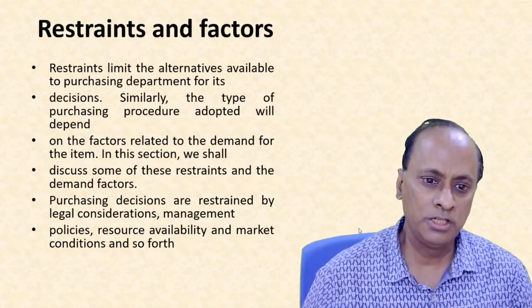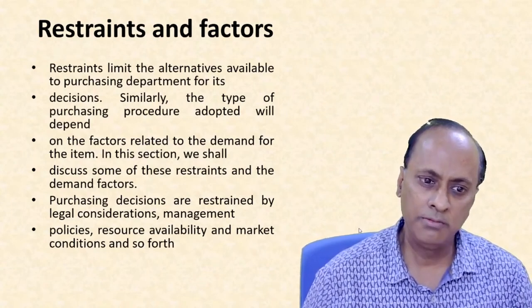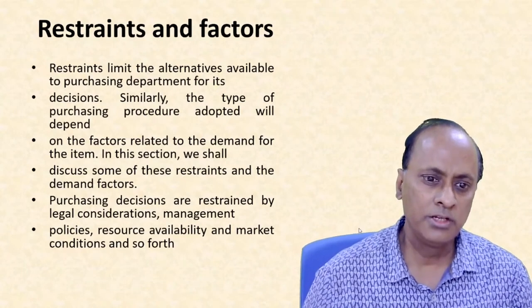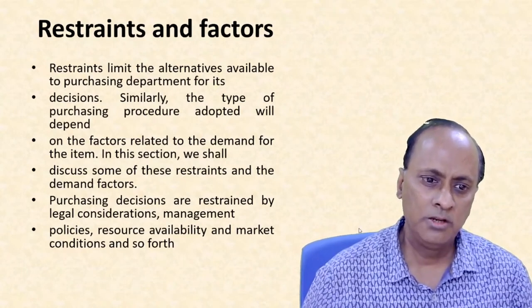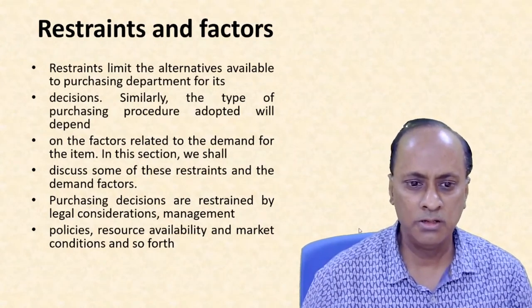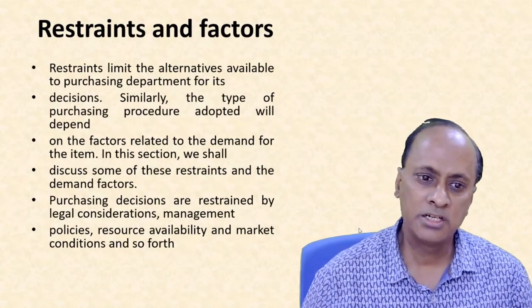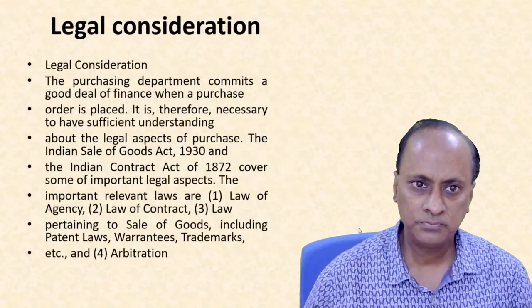Or management policies: the management policy may be to purchase from the local market. It may be a restraint. Resource availability: if you depend on a particular market, the resource may not be available there. And market conditions. All these are called the restraints of purchasing decisions.